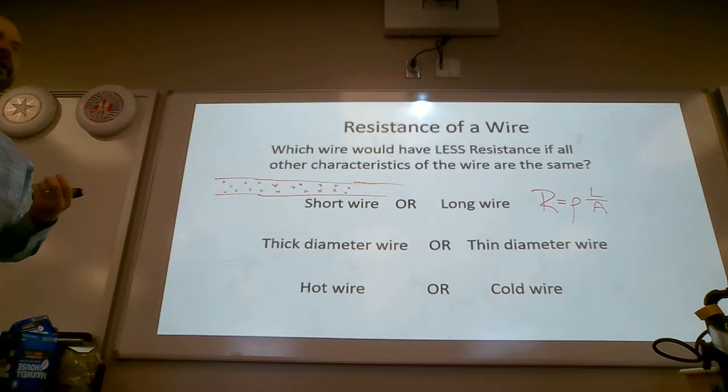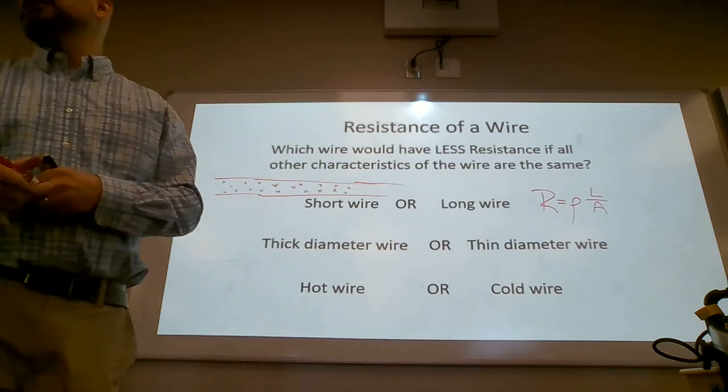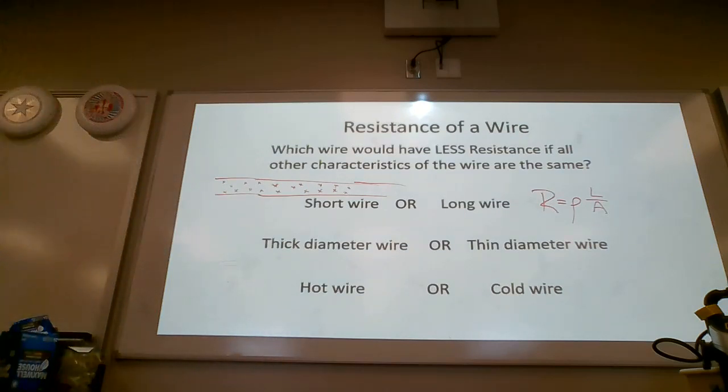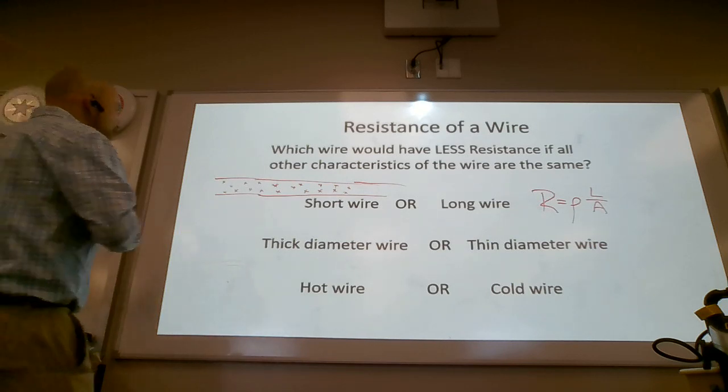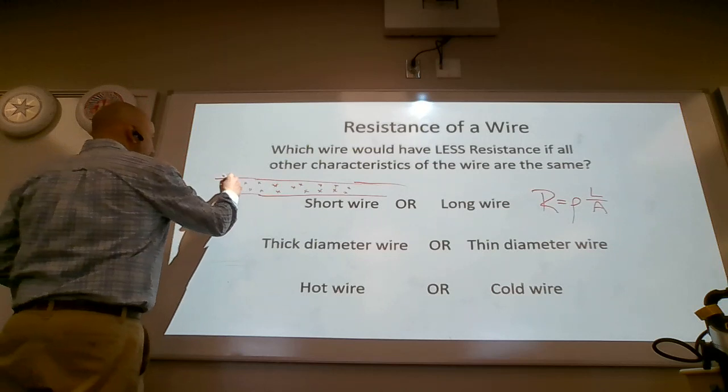Okay. And then hot wire versus cold wire, which one's going to have less resistance? One might think hot wire has less resistance because, like, hey, look, it's hotter. Electrons can move better. Things are able to flow better. That's true, but that's not the only thing that's moving more.